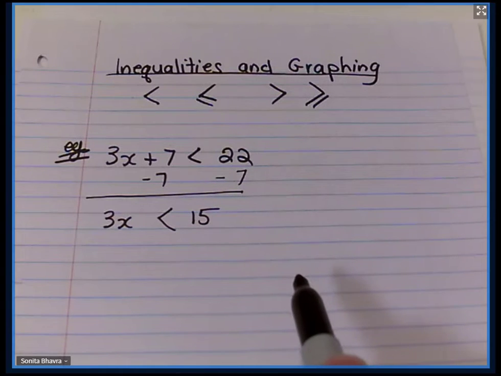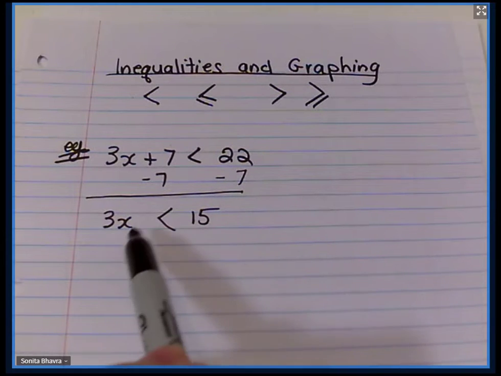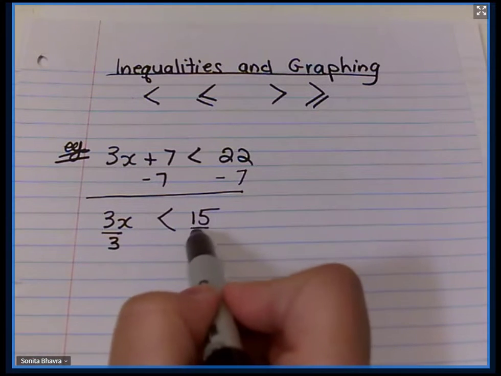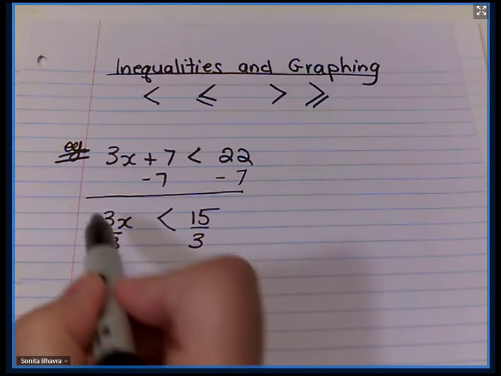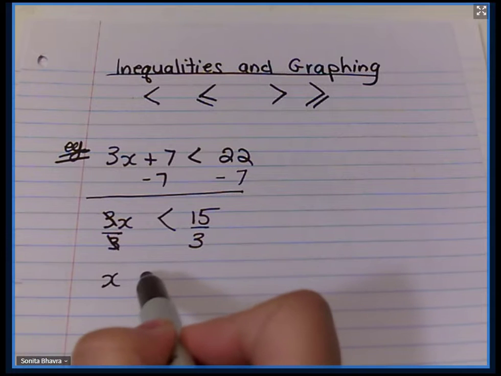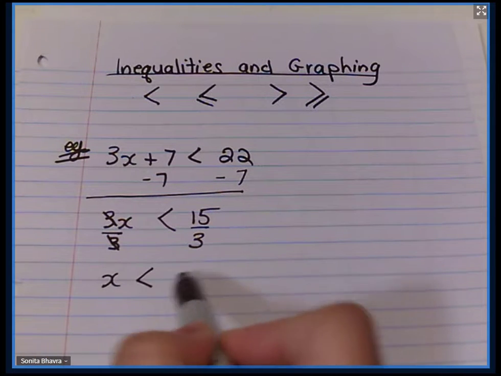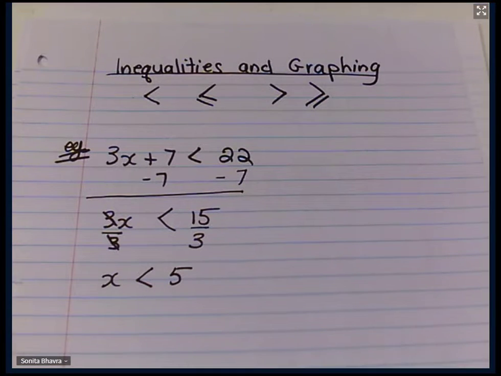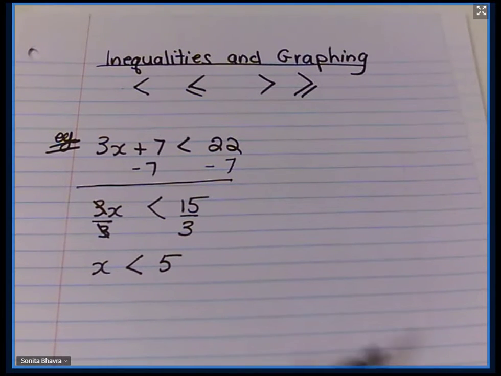Our next step is the opposite of multiplying, so we divide both sides by 3. We end up with x is less than 15 divided by 3, which is 5. So our inequality is x is less than 5.